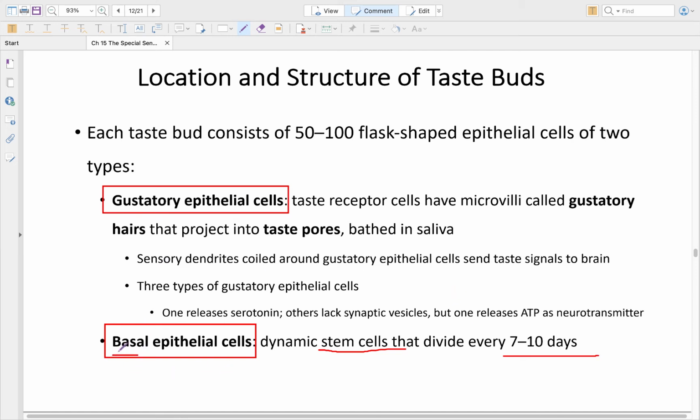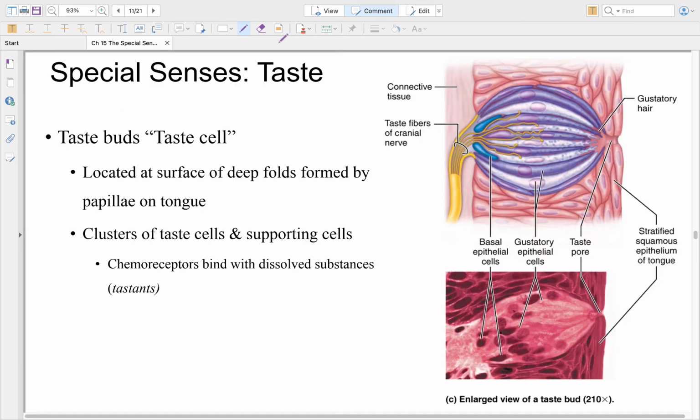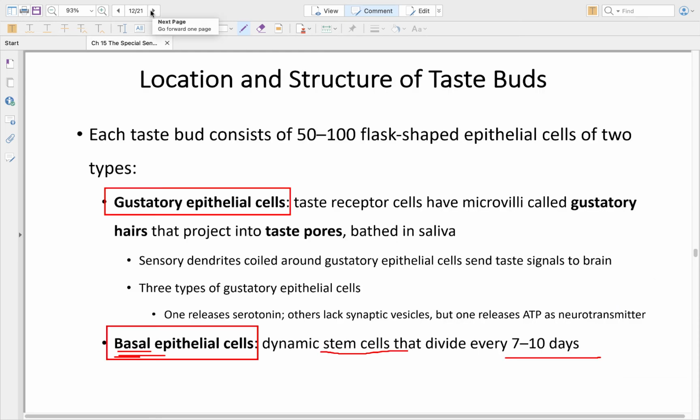Remember this term, basal. Now the gustatory ones, these are taste receptors that have microvilli called gustatory hairs that project right into your taste pore. So let's take a look, just like this. The gustatory hairs are here. This is your taste pore. That's what they mean. Now what's interesting about them is that they're wrapped in sensory neurons that can send these taste signals right to the brain.